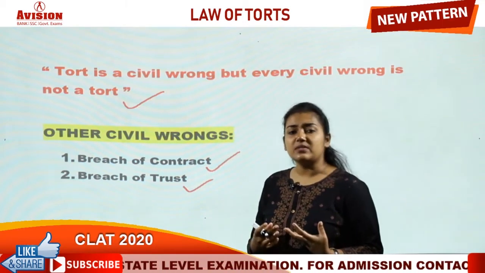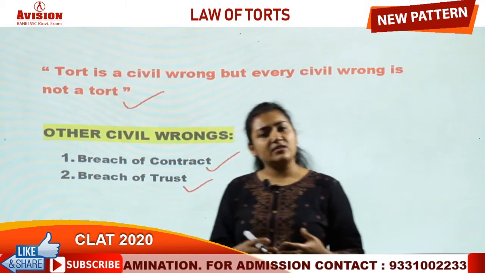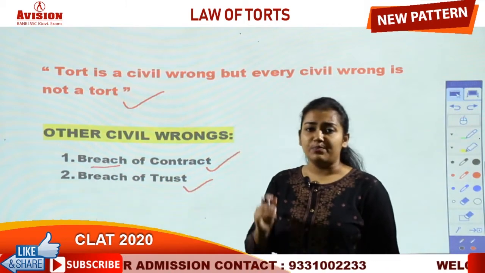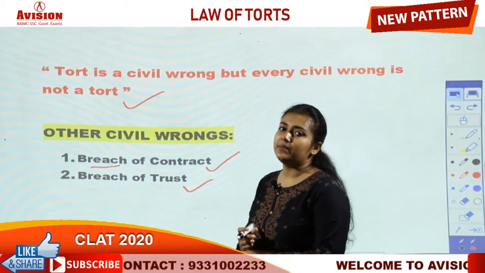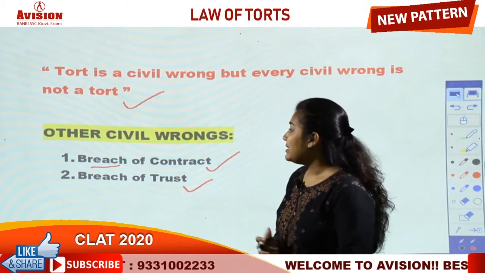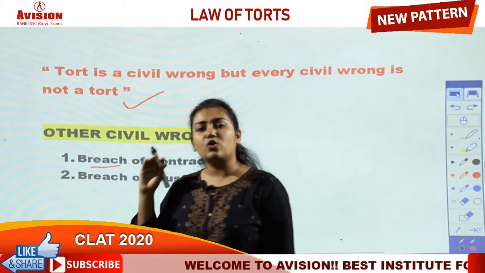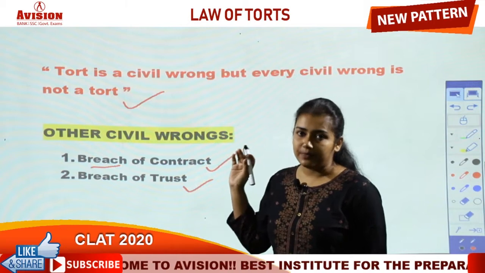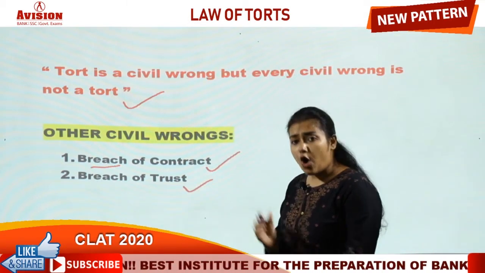If any party violates the terms of the contract or breaks the contract, breach meaning violation or breakage, then that is a breach of contract. There you can go to the civil court and file a case against that party.